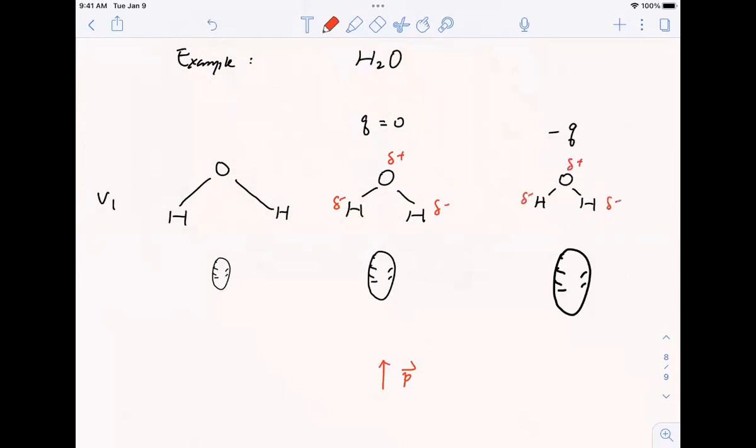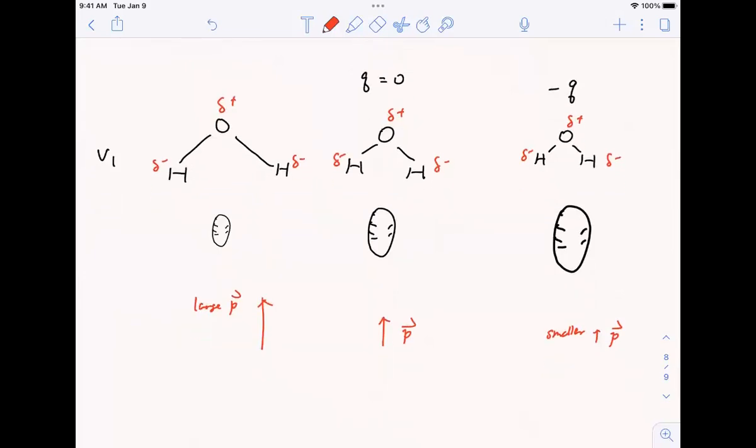So the dipole will be smaller p, and then larger p, so it gets bigger.